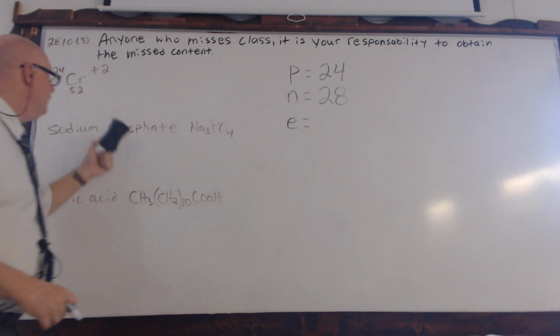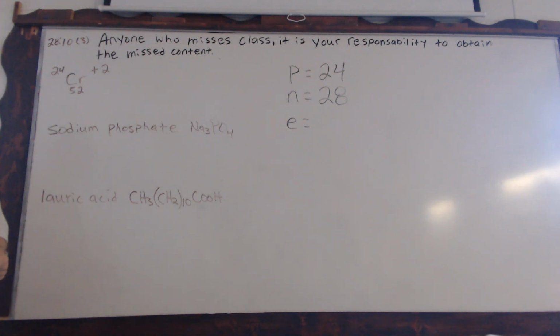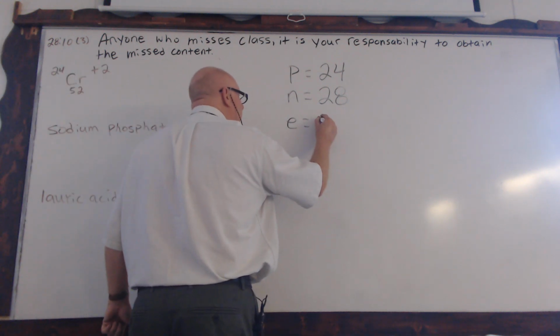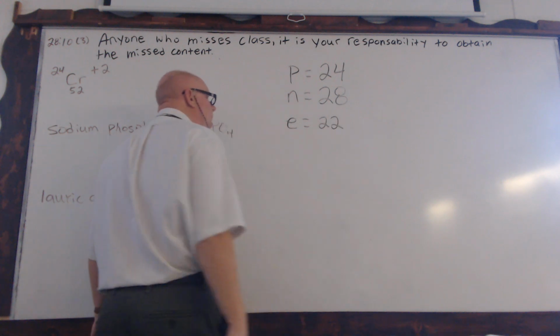But since we do have that plus 2, that's telling you you've got 2 more what? 2 more protons than electrons. So then that means this is 22.